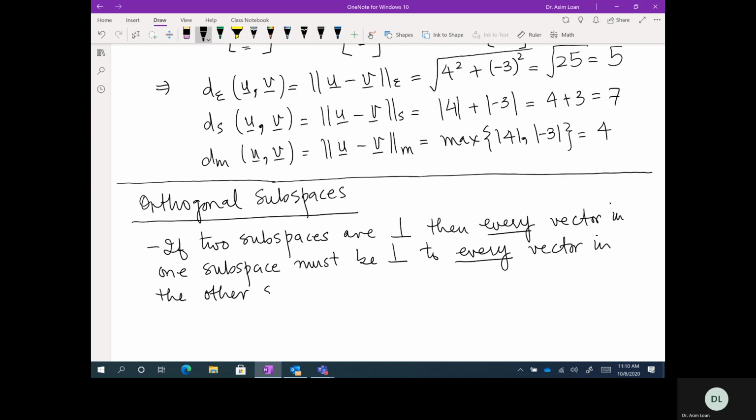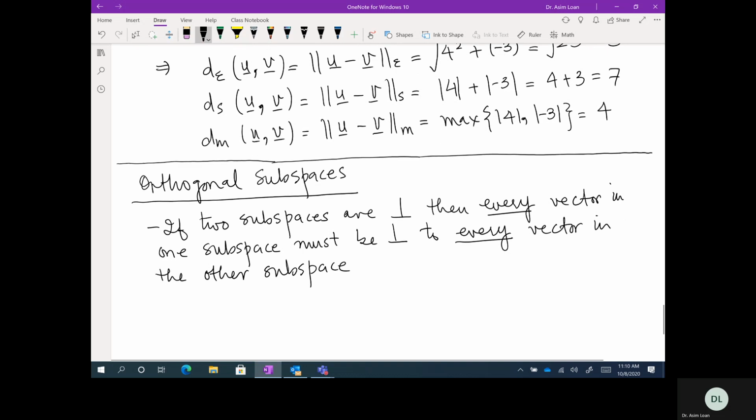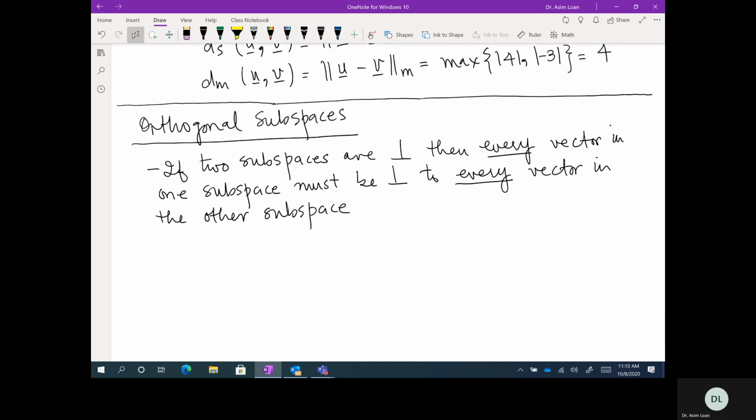So if we say that the column space and the left null space are orthogonal, then this means that every vector in the column space has to be orthogonal to every vector in the left null space.